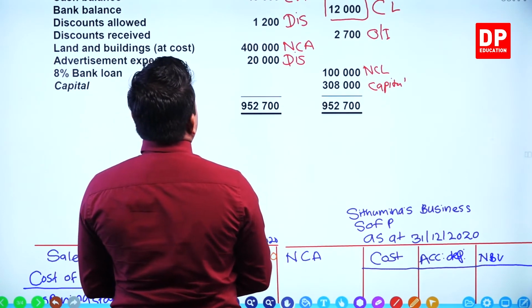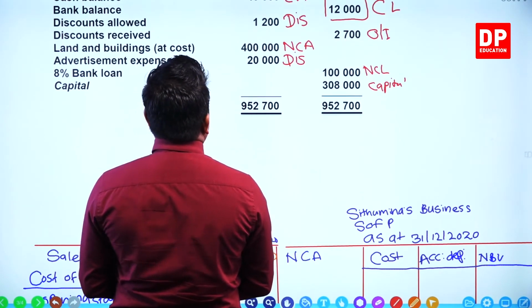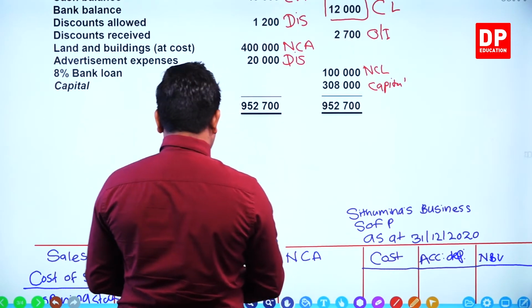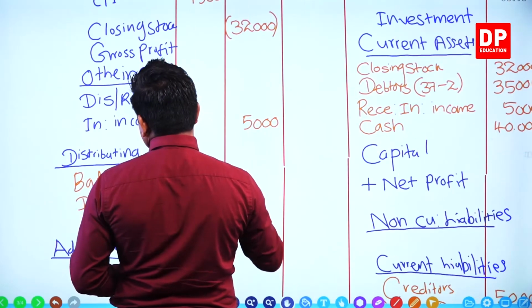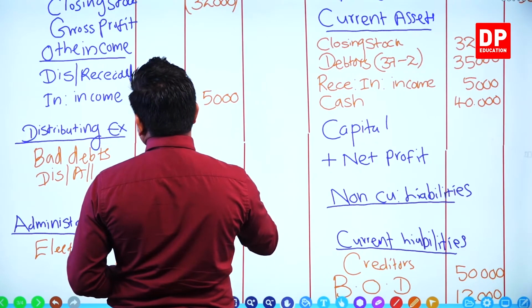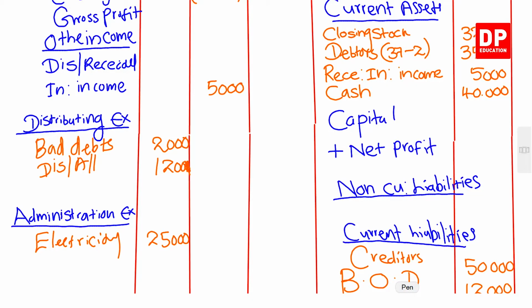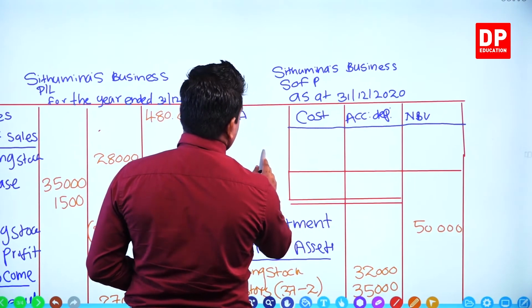Next, discount received 2,700, land and building 400,000. Land and building 400,000. It's non-current assets, right?